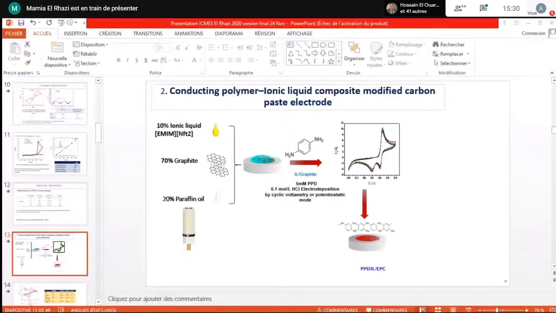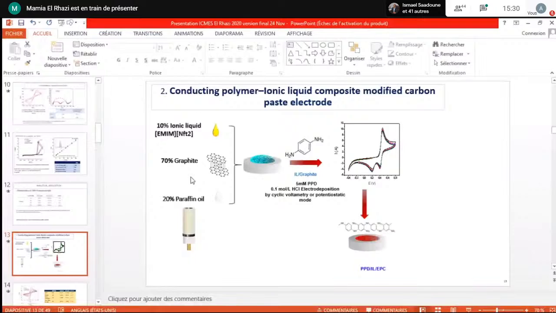So, the second example is about a conducting polymer and ionic liquid composite modified carbon-based electrode. And here is the mode of the modification of the electrode. It's very simple. We mix graphite with paraffin oil and an appropriate amount of ionic liquids.